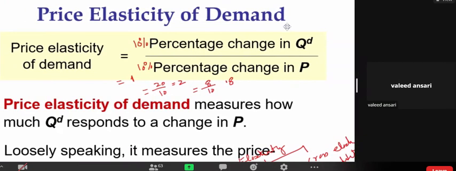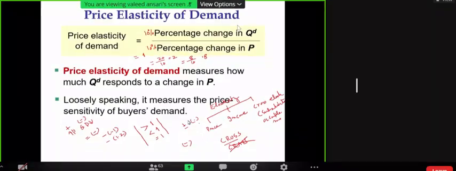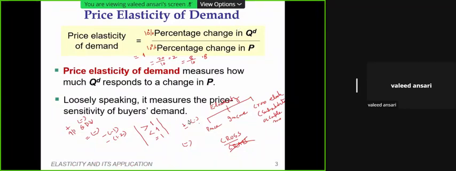Now the million dollar question is how to calculate the percentage change in demand. The percentage change calculation is very simple, but here we will make minor tinkering with the percentage calculation.